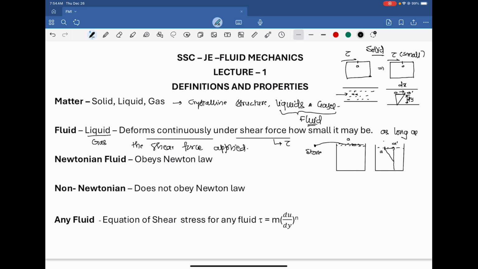Just see, A to A dash it moves. And this is dy. For a depth also there will be movement of the particle. I am simplifying and explaining so that you will understand the meaning of the shear force.